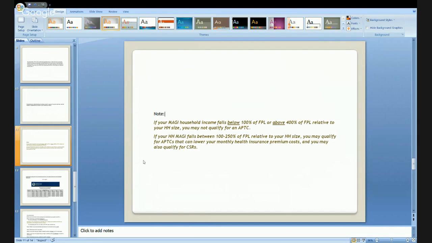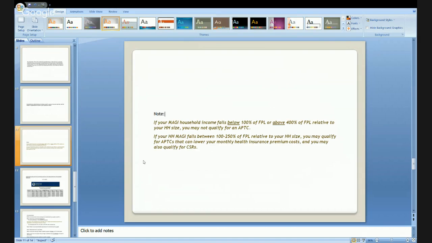If your modified adjusted gross income, household income, falls below 100% of the federal poverty limit or above 400% of the federal poverty limit relative to your household size, you may not qualify for an advanced premium tax credit.